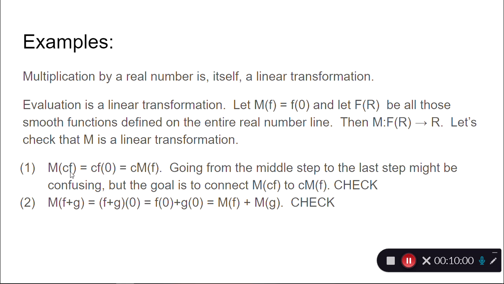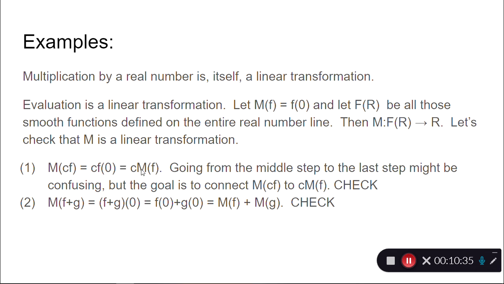When checking these definitions, we're just choosing an arbitrary function f. We're not choosing something specific. We don't want to assume anything particular about sine or cosine or e to the t or whatever. So we take some f and we have some c. We say, well, what happens when we do this? Well, M of c times f is c times f evaluated at 0, which is c times f(0). But f(0) is exactly the result of M on f.